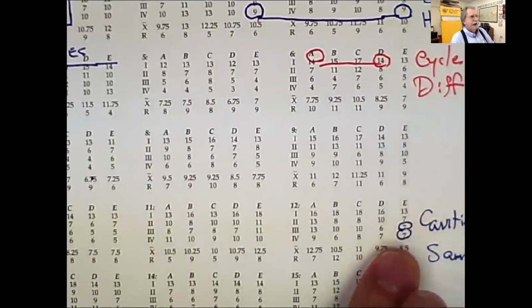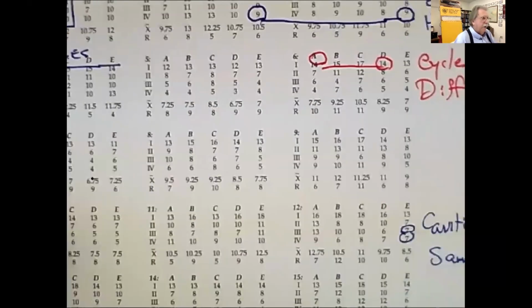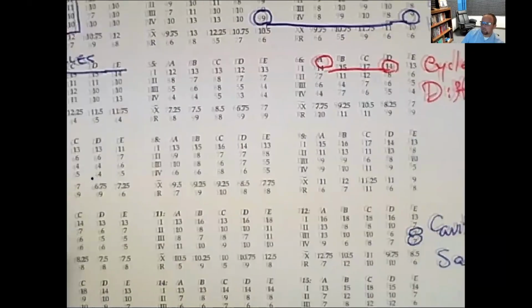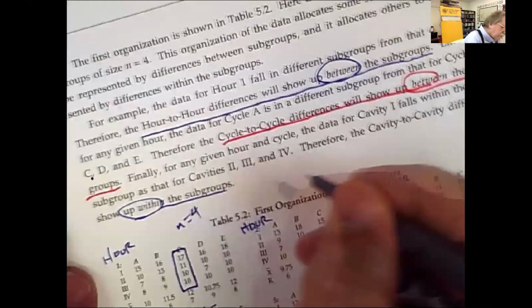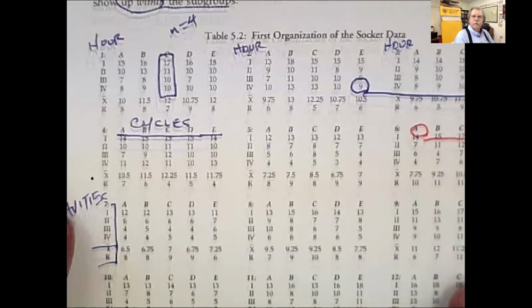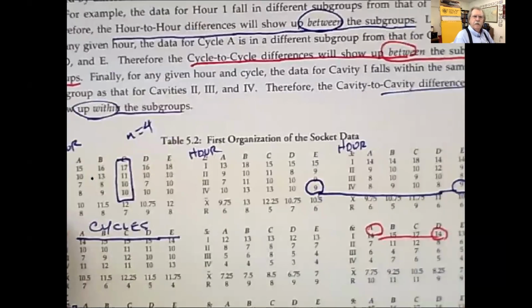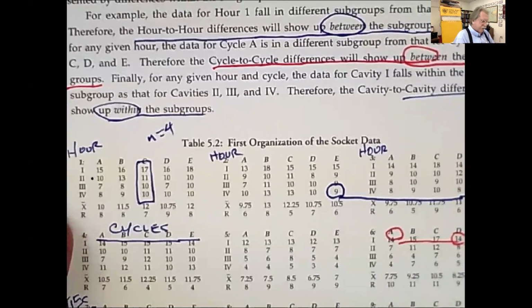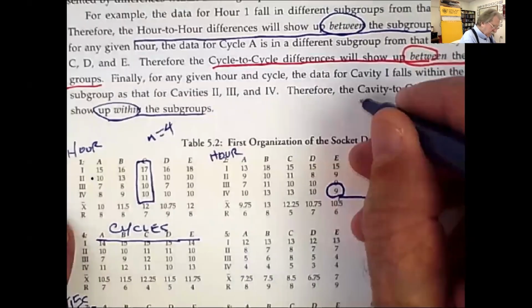So my cavity to cavity differences are going to show up where? Within the subgroup. Cavity to cavity differences show up within the subgroup.